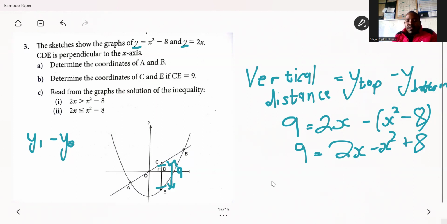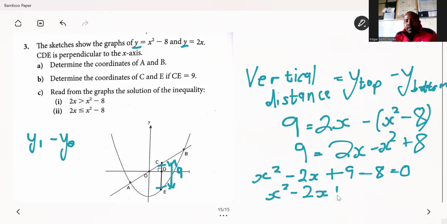Then I'm going to rearrange this and put it in standard form. I end up with x squared minus 2x plus 9 minus 8 equals 0. So I end up with this trinomial, x squared minus 2x plus 1, since 9 minus 8 is 1.